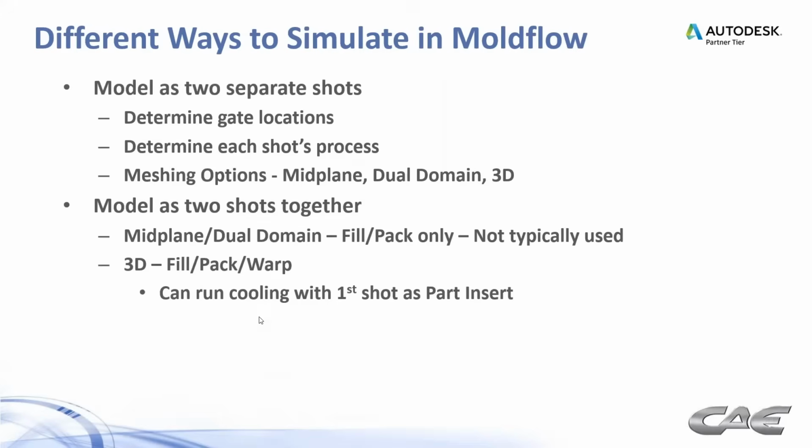And if you want to look at the cooling of the second shot, you can use the first shot as what we call a part insert. Or you can actually run a full 3D with transient cooling. So this is newer to the Moldflow world, and that's only for 3D. So where actually the two shots, the heat transfer from the first shot carries over to the second, and vice versa.